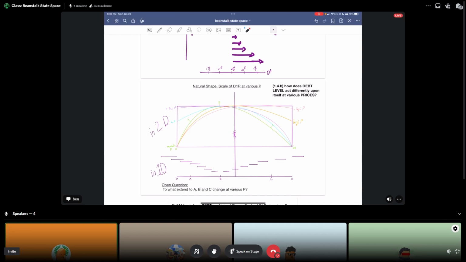increases. Now, there's a question here: why does this look like this? Why isn't it just straight down? Just to explain it quickly, this expresses that at higher prices, the shape of debt level with respect to itself is still reflexive.